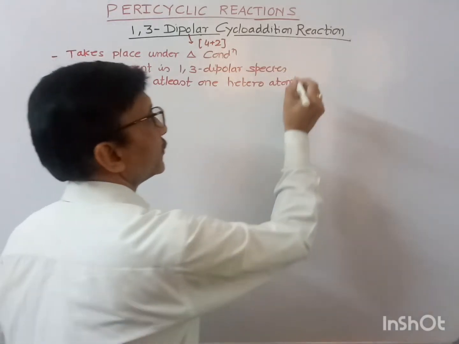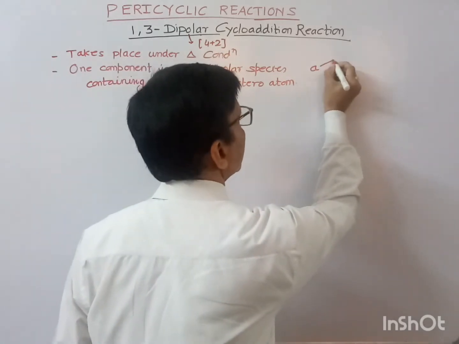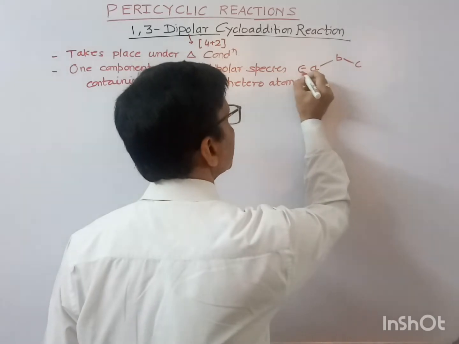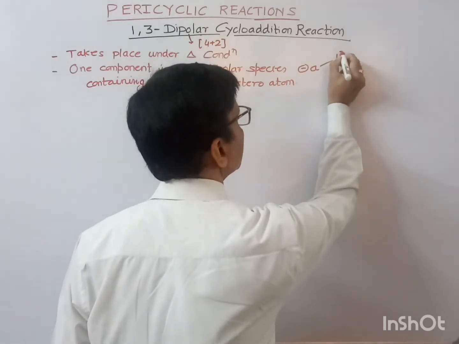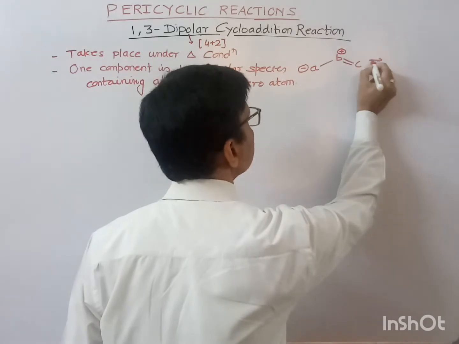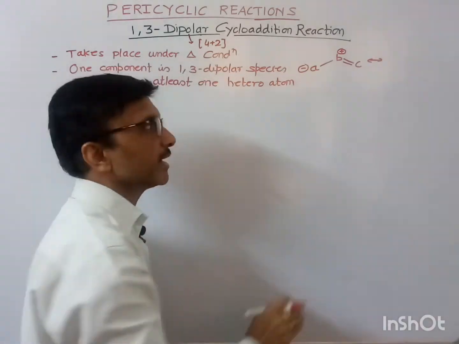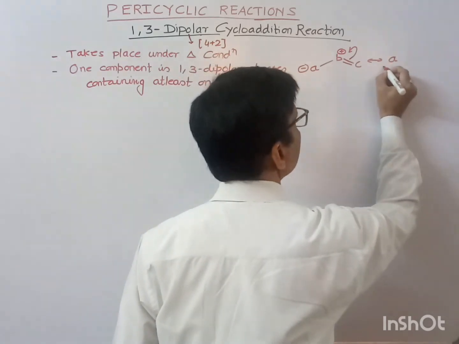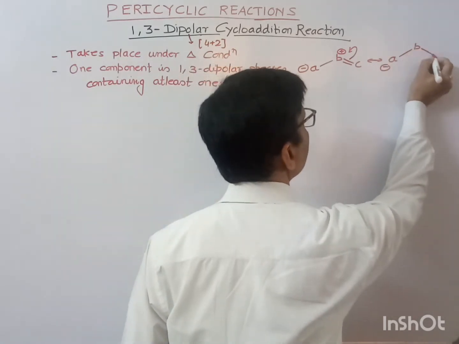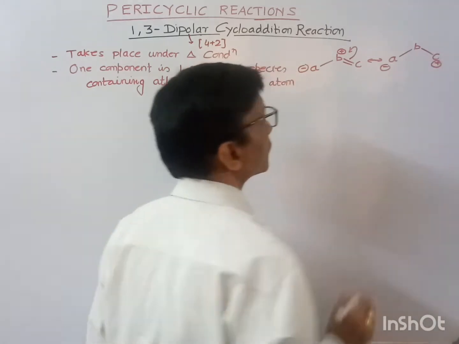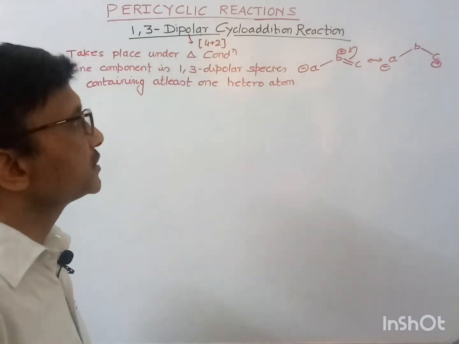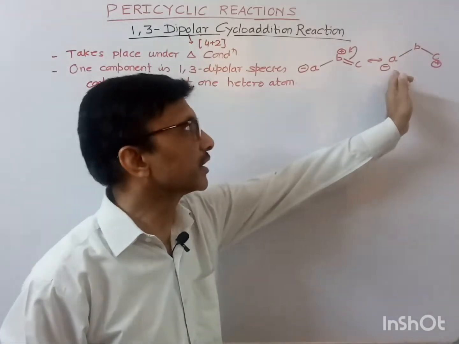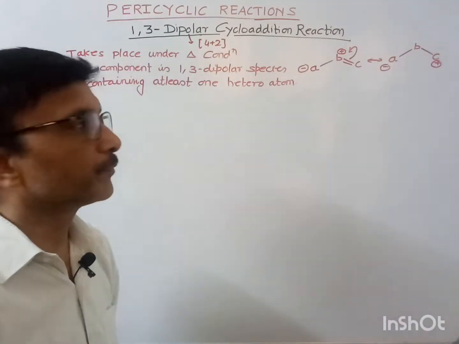For example, in a general way, suppose this is a 1,3-dipolar species, written in a 1,3-dipolar form as A. This 1,3-dipolar species must contain at least one heteroatom.